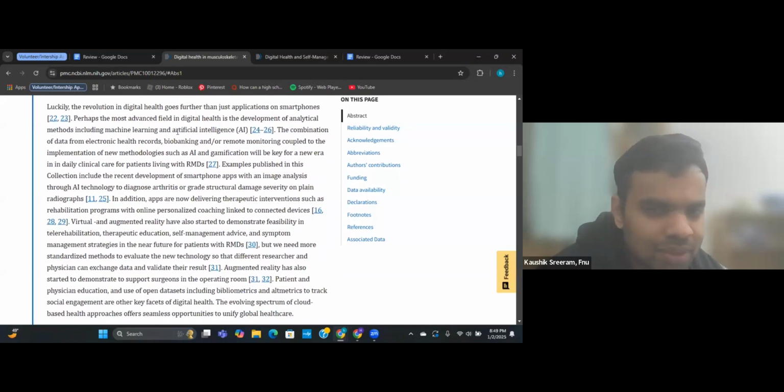Luckily, the revolution goes further than understanding, perhaps. Analytical methods, including combination with implementation. Okay. See, they have mentioned it.